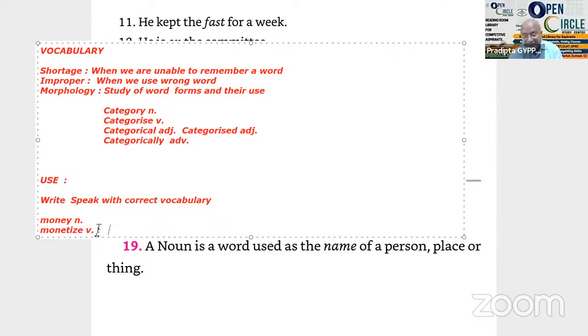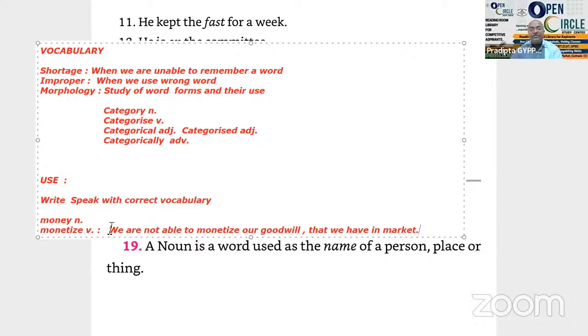So I will create a sentence. For example, we are not able to monetize our goodwill that we have in market.